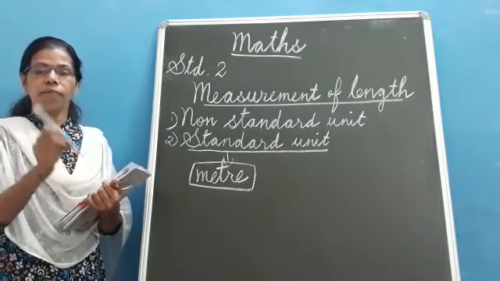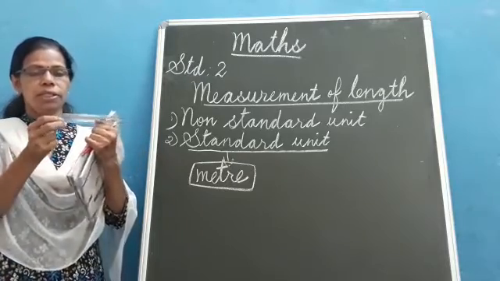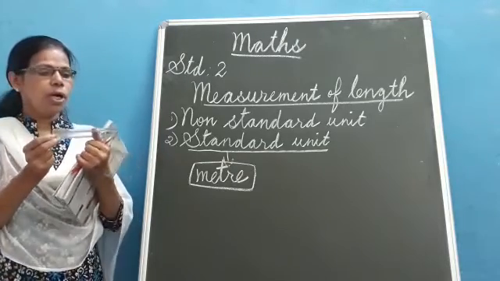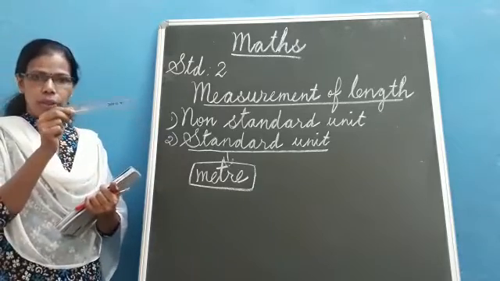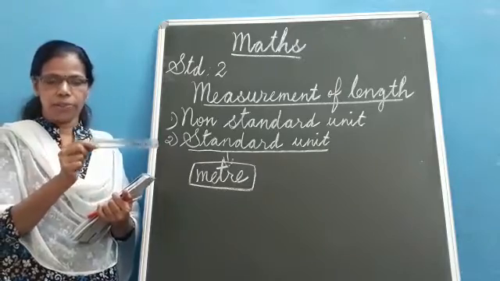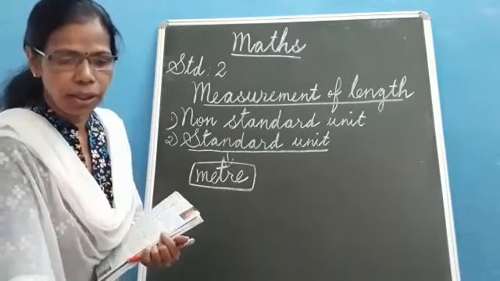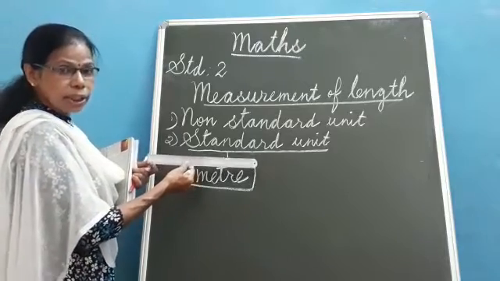It has 15 centimeter. See, it starts from 0 up to 15 numbers are given. So, this small scale has 15 centimeter. And here there is a large scale. It has 30 centimeter.